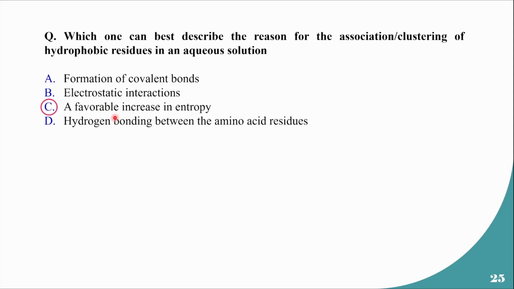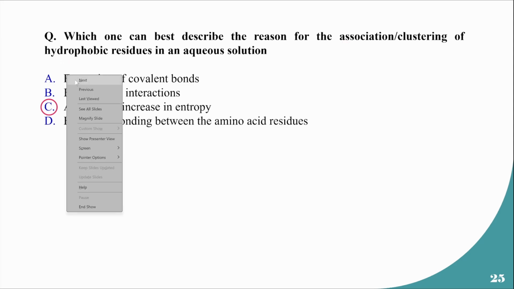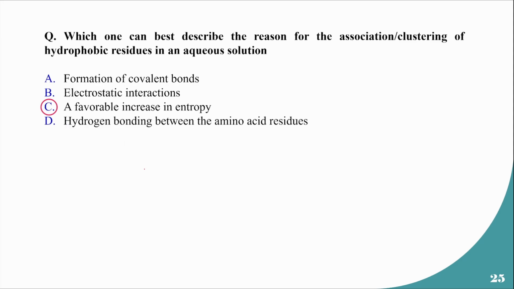Now, what happens is that, let's say you have a solvated system, or a solution, right? Let's say you have put the amino acids here. A very important property of water is its efficiency in forming hydrogen bonds, right?